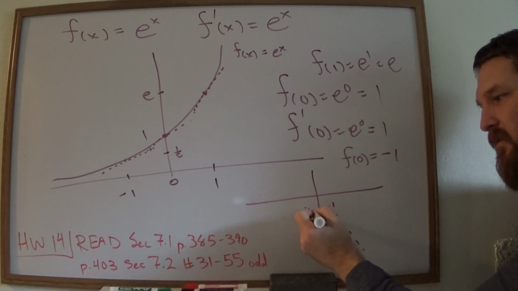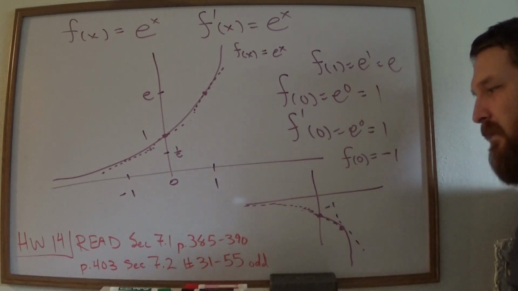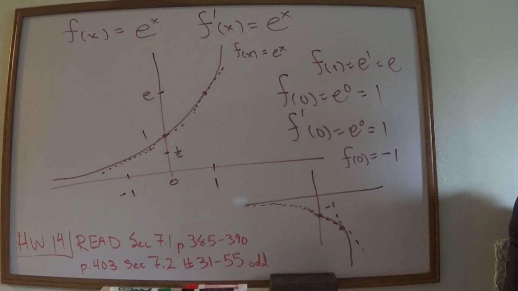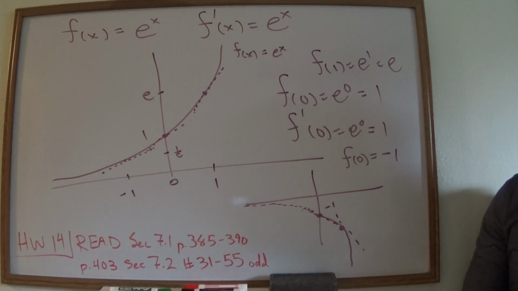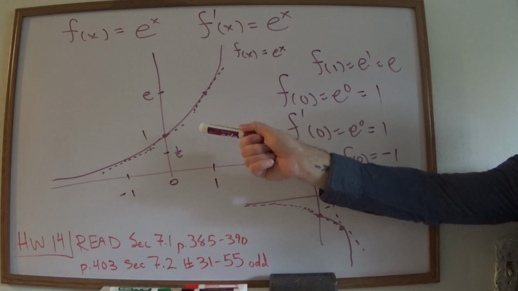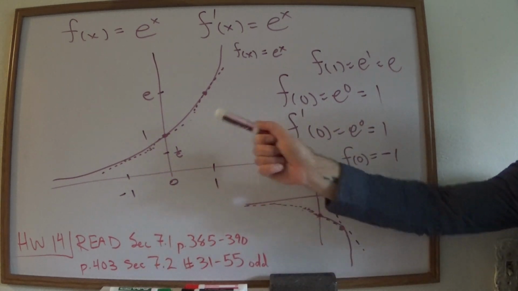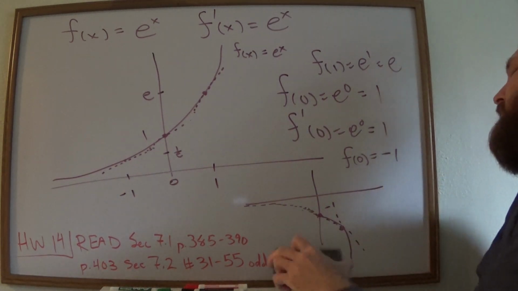Move over here, its slope is less negative, and you could do the same kind of reasoning that it would have to look like that. So, interesting thing, it depends what one of those output values is. Well, we'll get there in just a second.